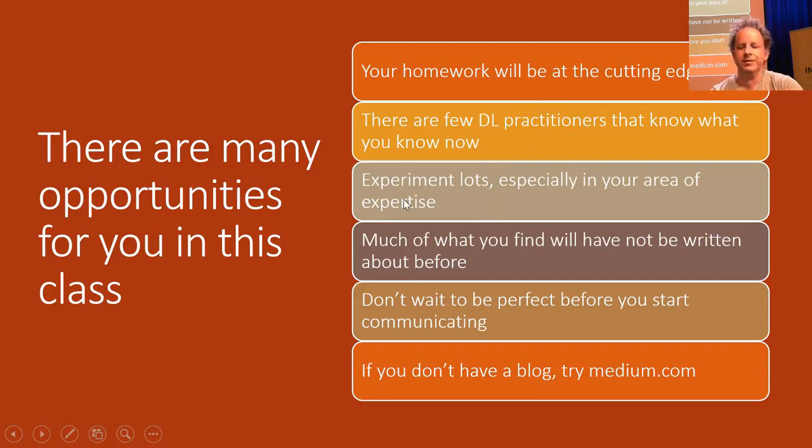So please try doing lots of experiments, particularly in your domain area, and consider writing things down. Even if, especially if it's not perfect. So write stuff down for the you of 6 months ago. That's your audience.